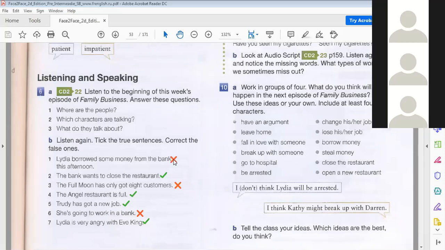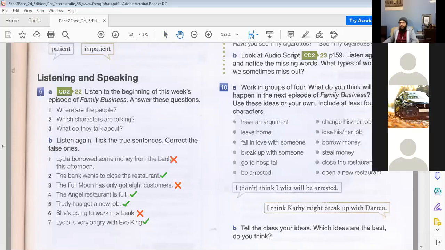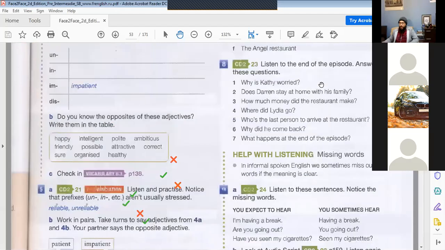The bank didn't give her any money. All right, so this is what happened in the first part. Would you like to listen again to this part to check your answers, or do you want to go to the next part? I think it's clear. All right, now let's take a look at the next exercise.